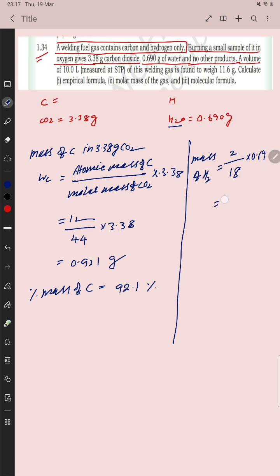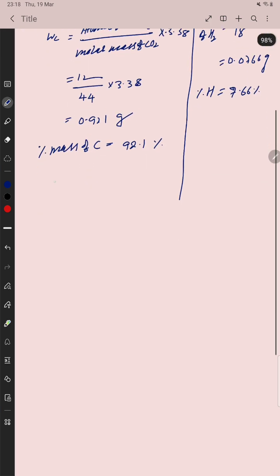If you solve, it is coming 0.0766 gram. So percentage hydrogen will be 7.66%. Now we reach the empirical formula.